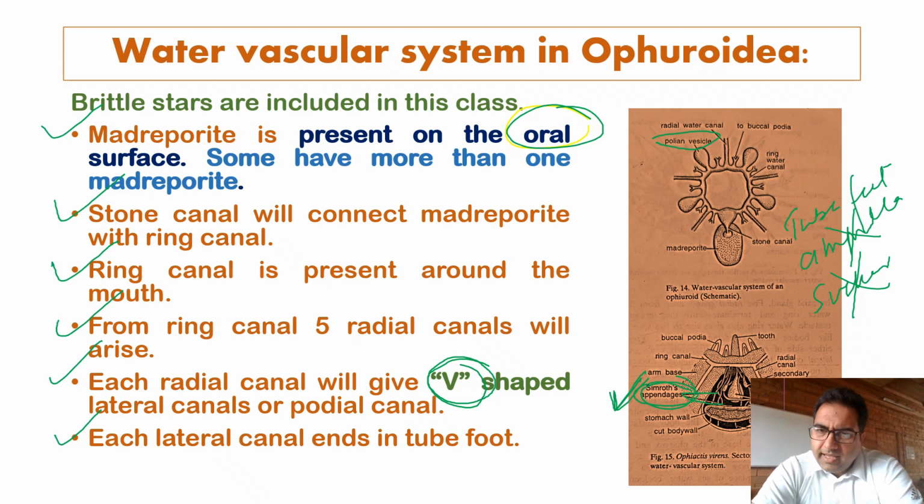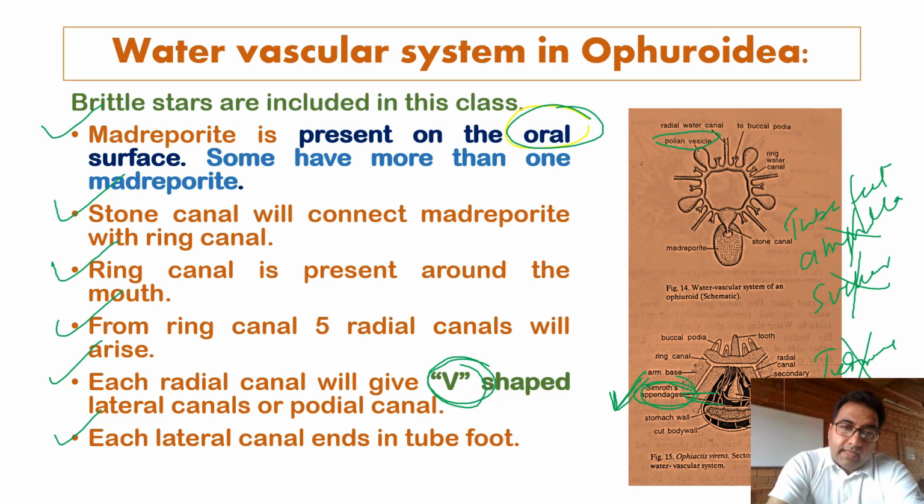But again, in this case, Tiedemann's bodies are not present. So the tube feet are without ampulla and sucker, Tiedemann's bodies are not present, and Polian vesicles are present, one at each interradius, and that is why there are 4 Polian vesicles.